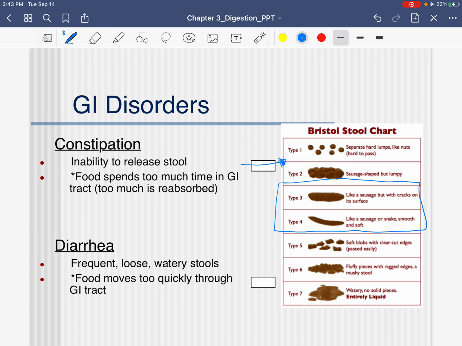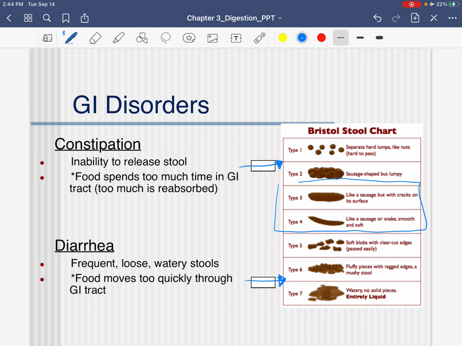Sometimes, I have this backward. Got the diarrhea backwards. Oh, no, that's right. I'm having a rough go of it lately with these videos. Thank you for your patience. So, constipation, right. And then diarrhea is down here. Let's take one at a time here.